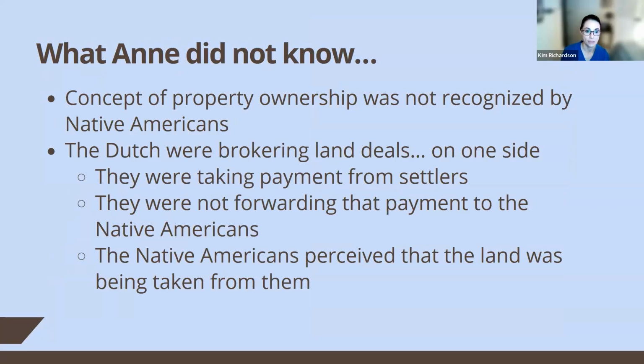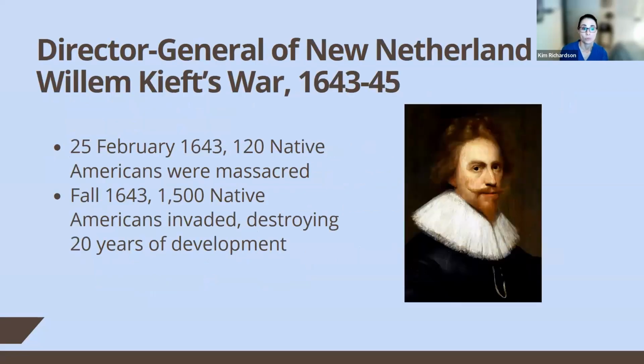And so the Native Americans just perceived that people were moving into their land or moving into their area and taking over and pushing them out. And that was not okay. That set up a lot of animosity and a lot of tension. At the same time, William Kieft was the Director General of New Netherland, and he had started a war with the Native Americans in the area at that time.